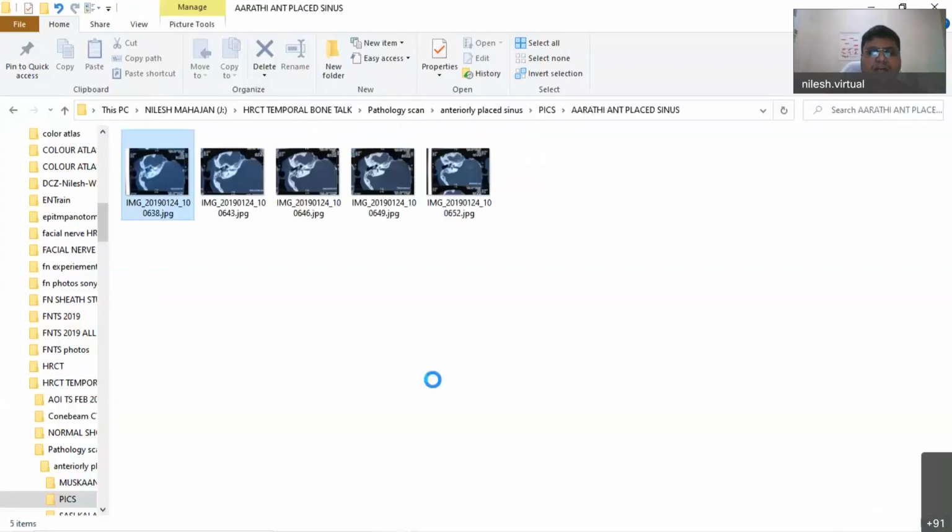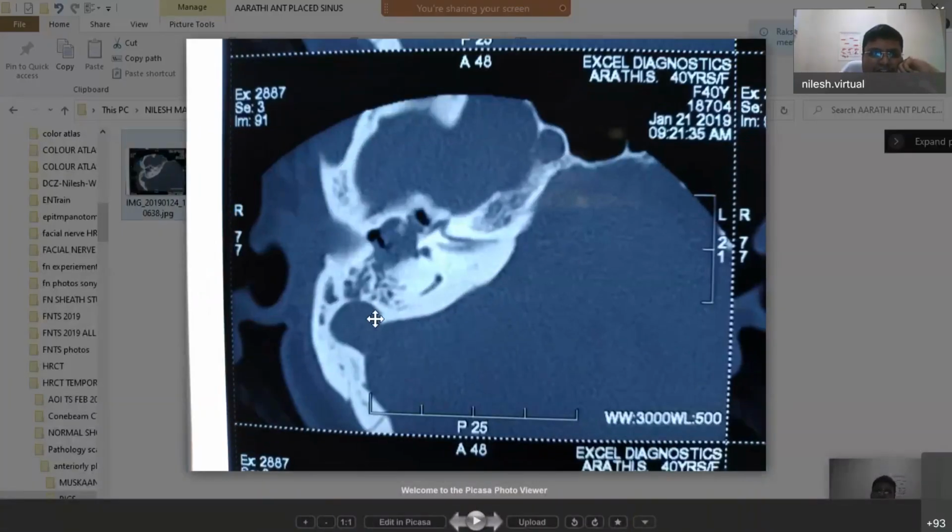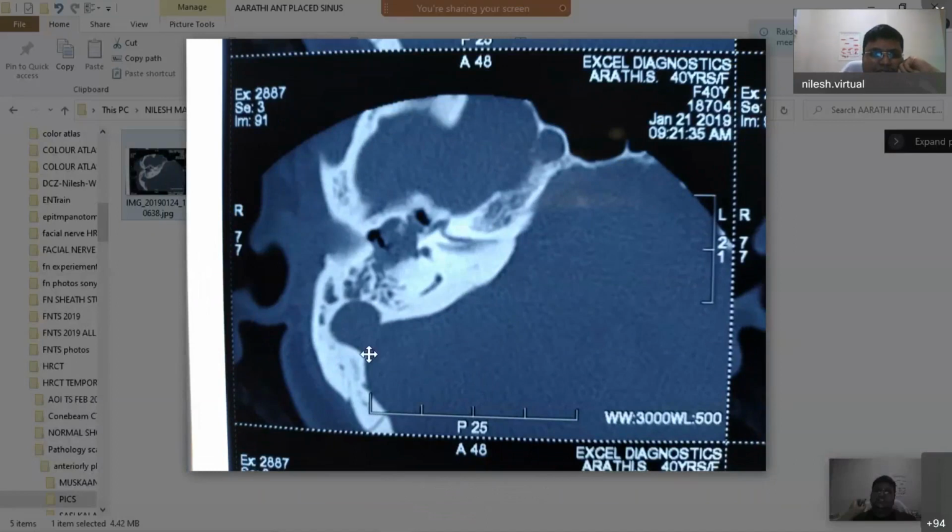Look at this particular picture, you can see where the sinus has come. It is making an indentation over the mastoid cortex, and generally we drill at this level only.